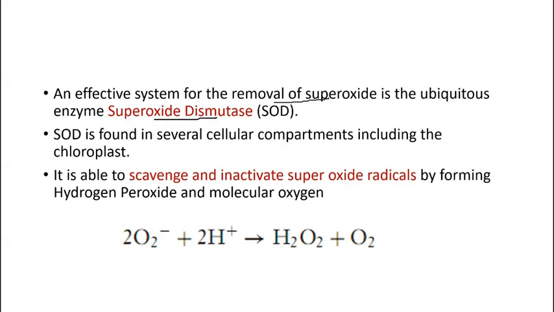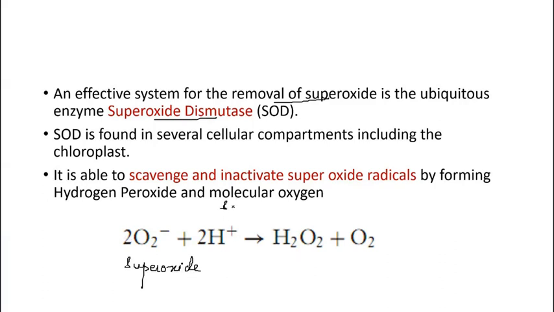When the superoxide is formed, it is rapidly scavenged. Scavenge means converted into non-toxic products. The superoxide is a toxic product, and it is quickly converted into a non-toxic product, which is hydrogen peroxide.